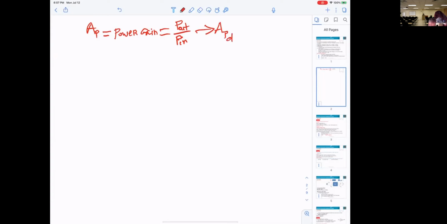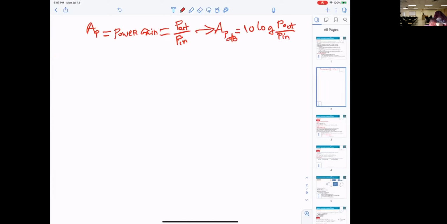And now if you want to do a calculation, AP in dB, decibel, then they're using 10 times log of P out over P in. Okay?